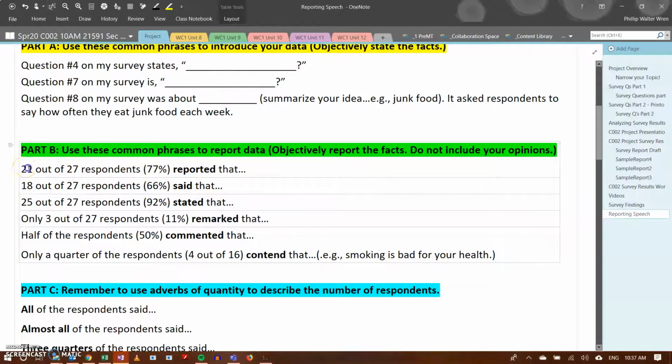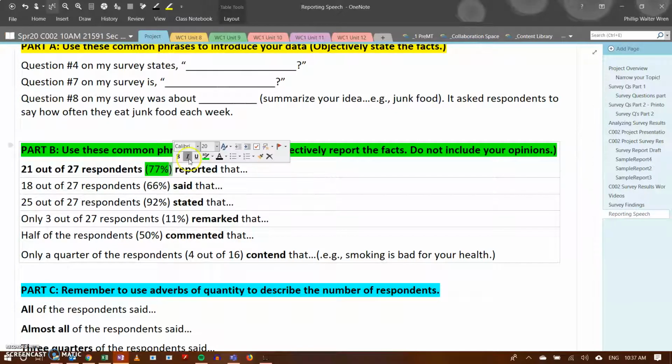Please notice here that when I have 21 out of 27 respondents, next I have a space, and I put the percentage in parentheses here. When I tell you the exact number of people, 27 out of 27 respondents reported that, what? When I tell you the percentage, I put the percentage in parentheses.